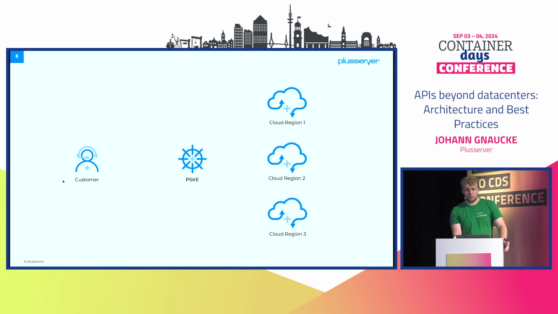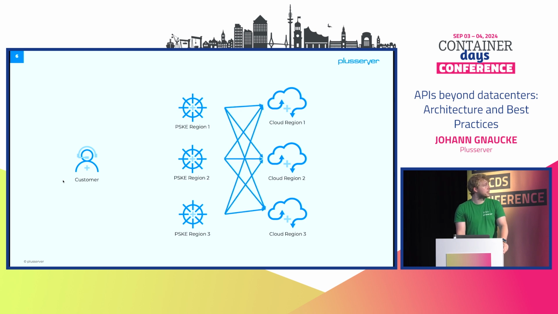So we wanted to distribute the PSKE across cloud regions, so that every cloud region would have its own PSKE management interface, basically. If we wanted to really abstract this, we could also connect all PSKEs to all regions, but that would probably be a bit overkill.